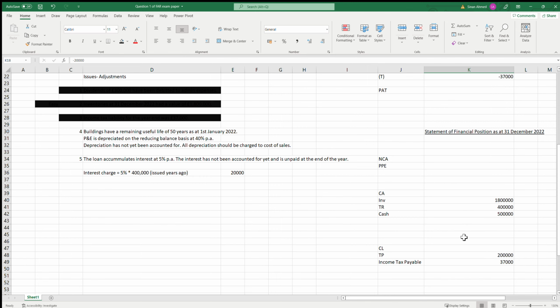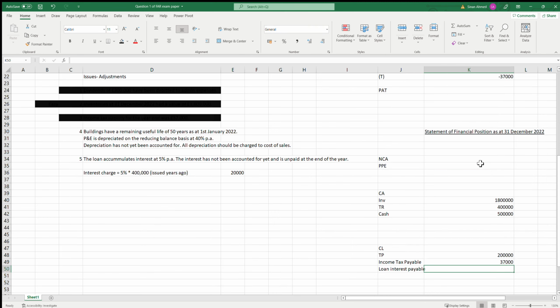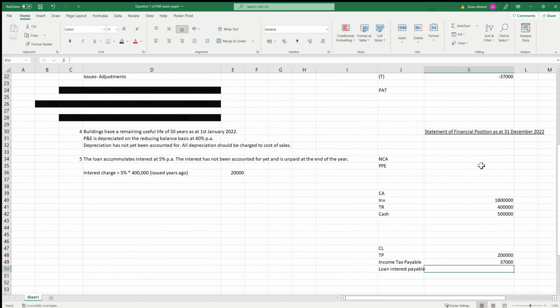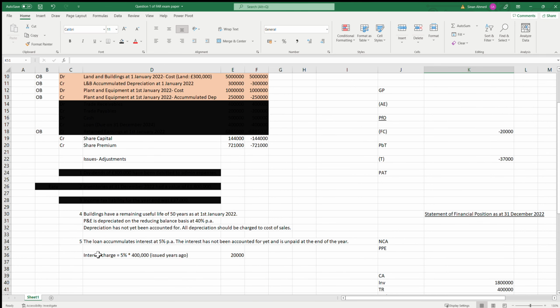So 20,000 here, and then we need to create another line called loan interest payable, which is going to be a current liability, and that has to be equal to 20,000. Okay, so that's just done.